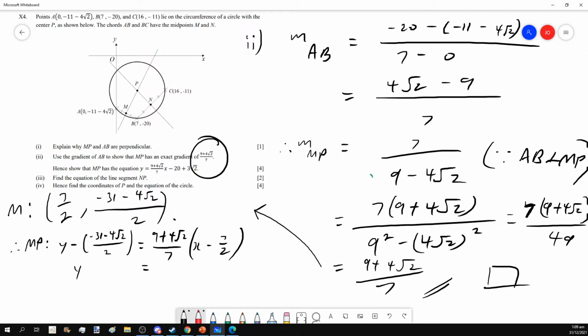So this goes on to simplify into, let's see, we shall have y equals (9 plus 4 root 2) over 7 multiplied by x, and then afterwards we will have, let's see, minus, the 7s will cancel out, so 2(9 plus 4 root 2).